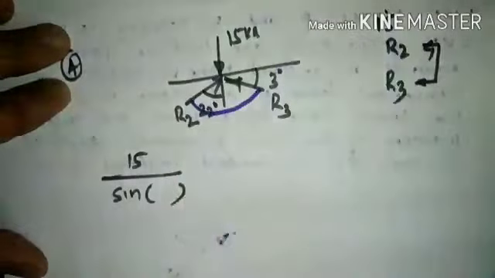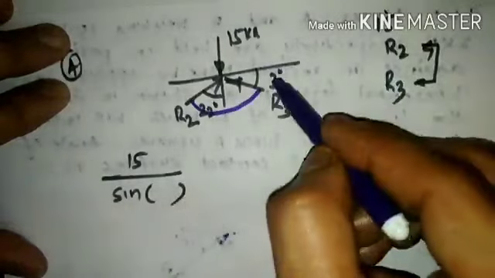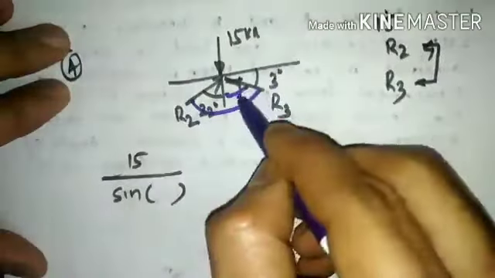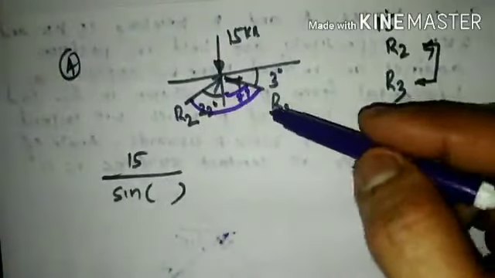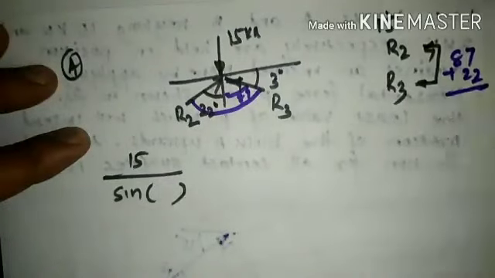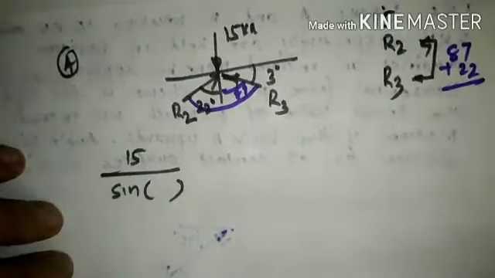That inclination will be 22 degrees plus 87 degrees, because if this is 3 degrees, 90 minus 3 comes out to 87 degrees. So 87 plus 22 comes out to 109.